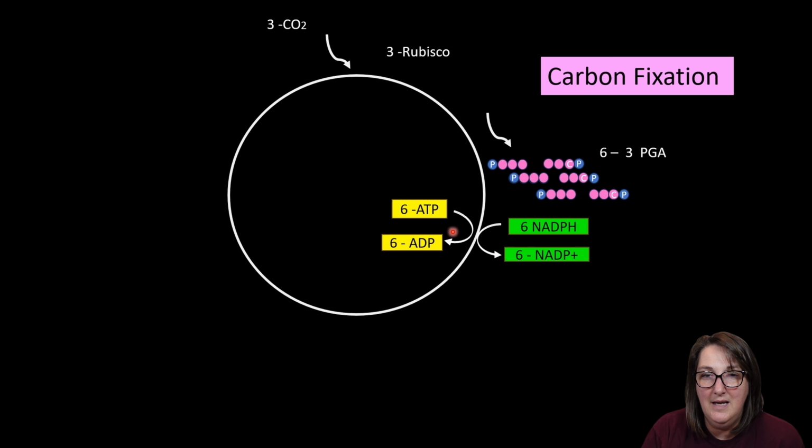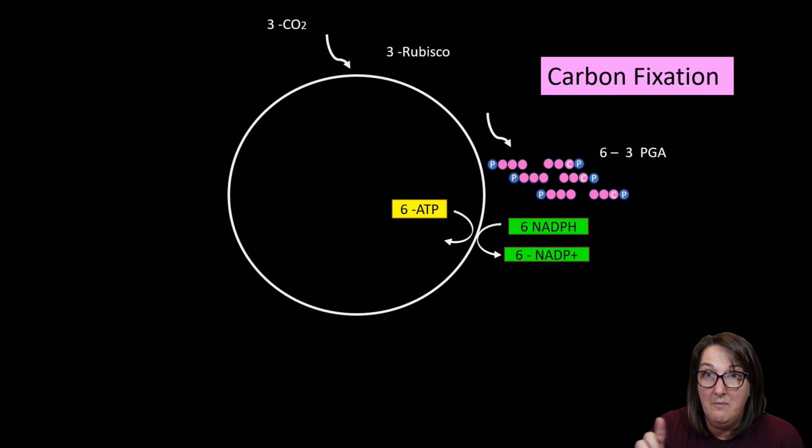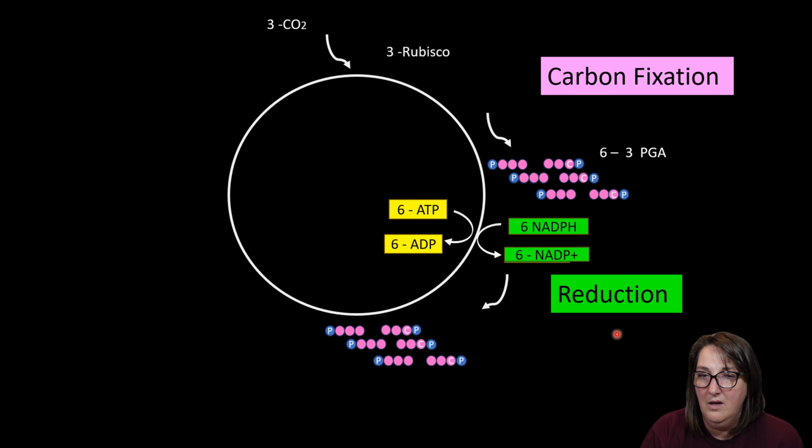This ADP is now going to go, and it's going to go back to the light dependent cycle. It's going to pick up another phosphate, and it's going to go through the ATP synthase to be made back into ATP again.